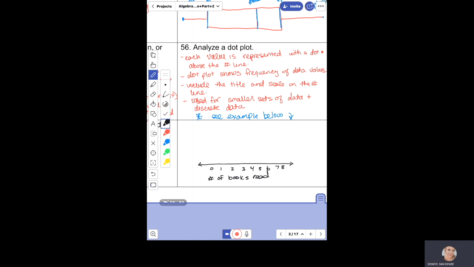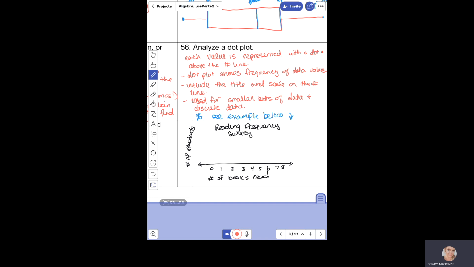And then our dots are going to be our number of students. It is a reading frequency survey. Now, this is just an example. I'm not getting this information from anywhere. I'm just pretty much making it up.